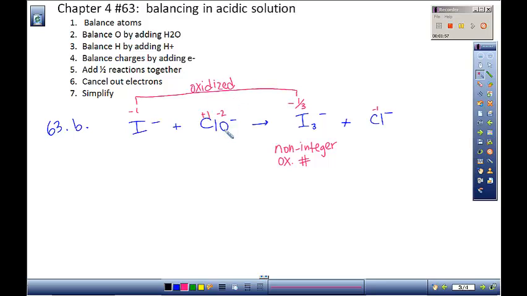And let's see, chlorine goes from a +1 to a -1, so it's going down 2 and it's being reduced. So we want to separate out the half reactions.